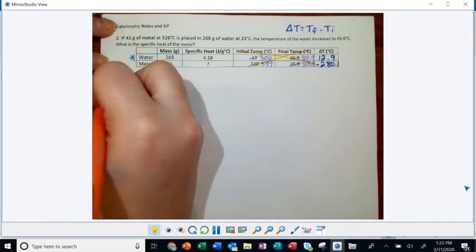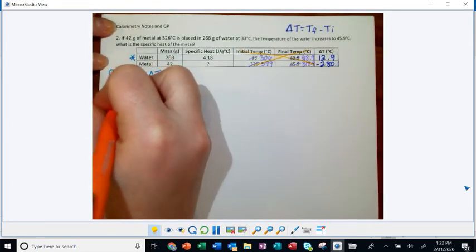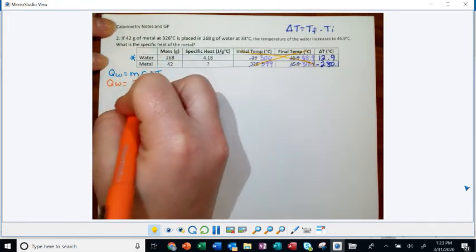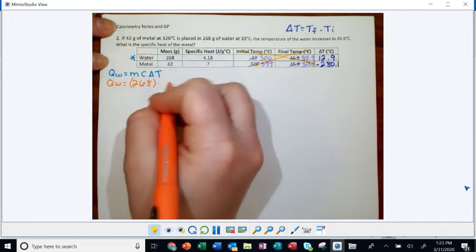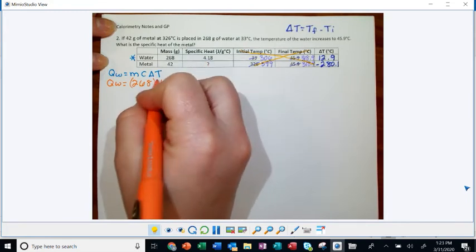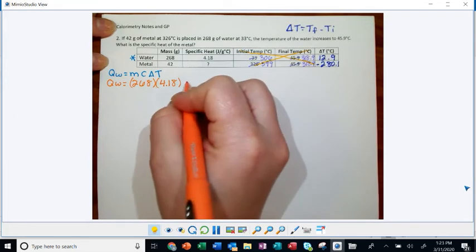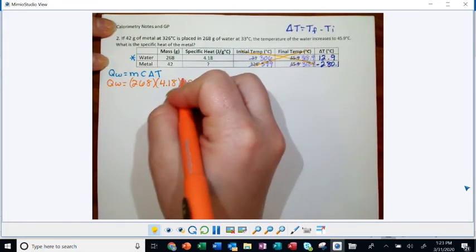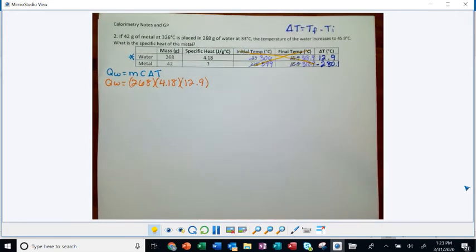So the Q of the water is equal to the mass of the water, which is 268, times the specific heat of the water, 4.18, the C, times the delta T of water, which is 12.9. Make sure you're using all the values of water.